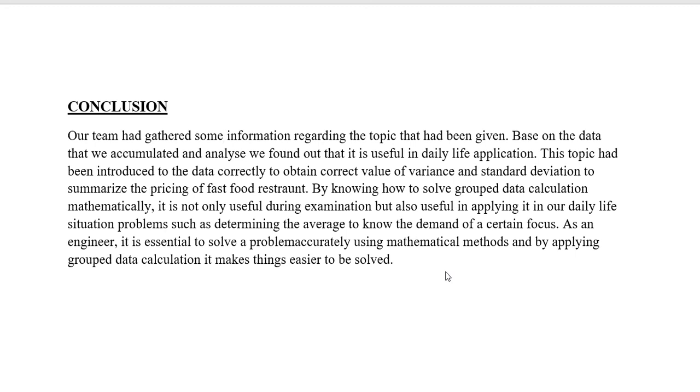By knowing how to solve group data calculations mathematically, it is not only useful during examinations but also useful in applying it to our daily life problems, such as determining the average to know the demand for a certain food. As an engineer, it is essential to solve a problem accurately using mathematical methods, and by applying group data calculation, it makes things easier to solve.